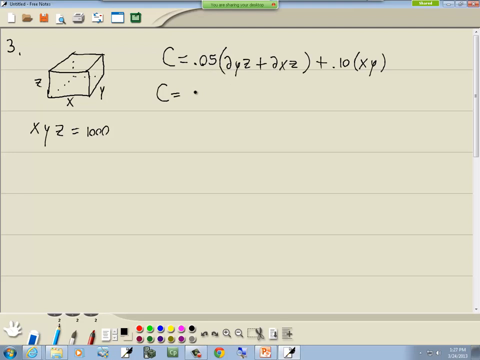We can take 0.05 times 2, that gives us 0.1, and that leaves us yz plus xz plus 0.1 xy. Now, again, over on the right side, we want everything in terms of x's and y's. We don't want z's in there. So we're going to take the other equation and solve for z and simplify a little bit.